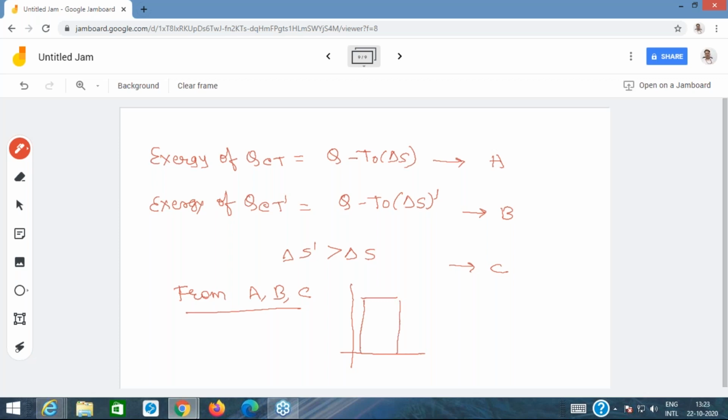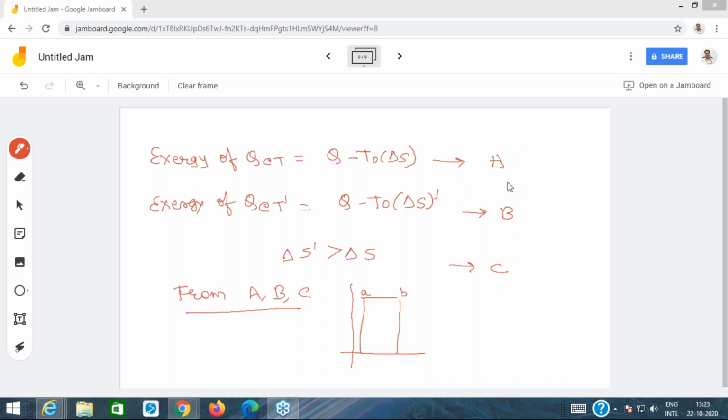So this, let us say A to B. This area under A to B is what? What is the area under A to B?